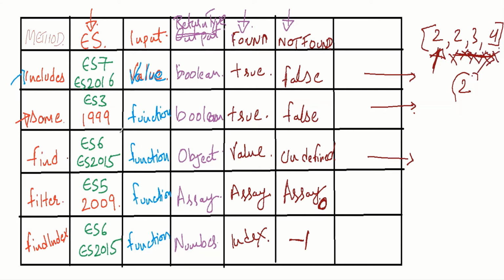Filter would return all the values. So if we are looking for 2, filter would return an array of 2 and 2, and it would process your array till the end. So for your first item in the array, this function will be invoked.